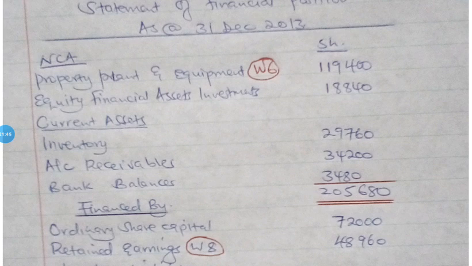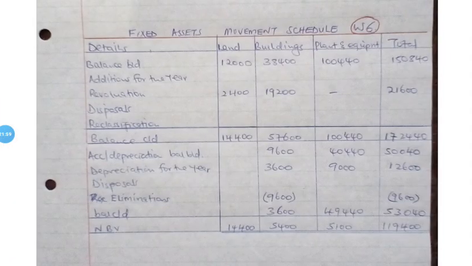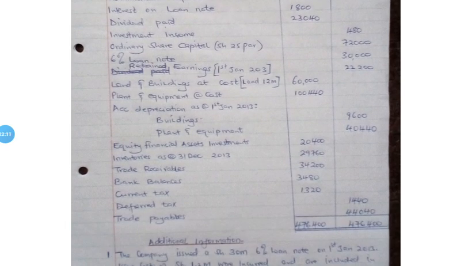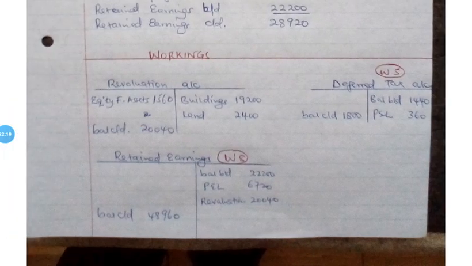So another non-current asset is equity financial asset investment. Remember we have that figure in our trial balance. Equity financial asset of 2,400 was revalued downward, and we have workings for revaluation.